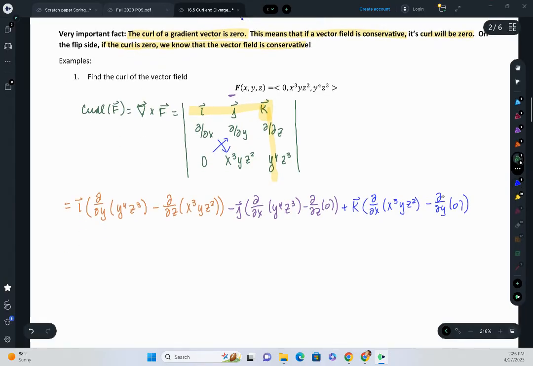Okay, again, I didn't calculate any of my derivatives. I'm going to do that now. So for the i hat, I have del del y of y to the 4th z cubed.